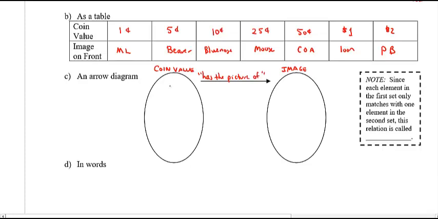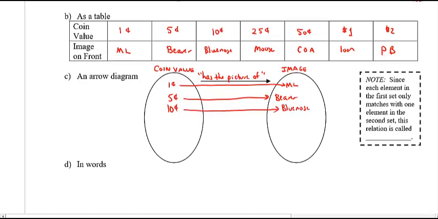So for example, the penny, the 1 cent, has a picture of the maple leaf. So they connect that way, right? Whereas the 5 cents has the picture of the beaver. So they connect. 10 cents has the picture of the blue nose. And then I draw an arrow to connect them. 25 cents, moose. 50 cents, the coat of arms.